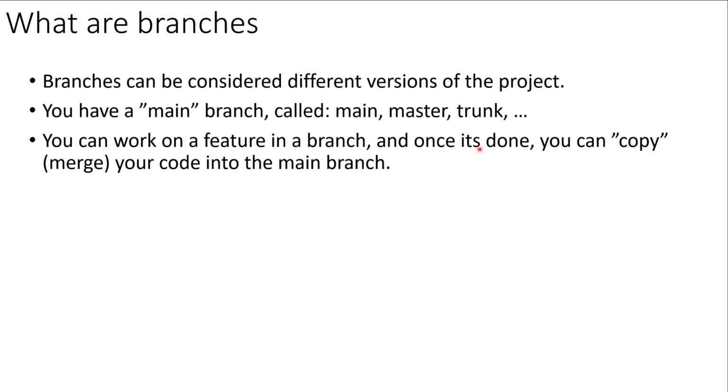When you're done with your feature in your own personal branch, again depending on your strategy, but this is what I recommend, which we will get back to, you can take the feature you have completed and copy or merge, to use the Git term, your code back into the main branch. So your main branch of the project is now updated with your new feature.